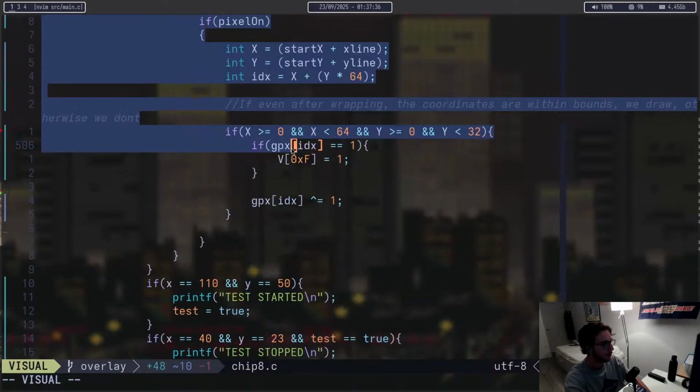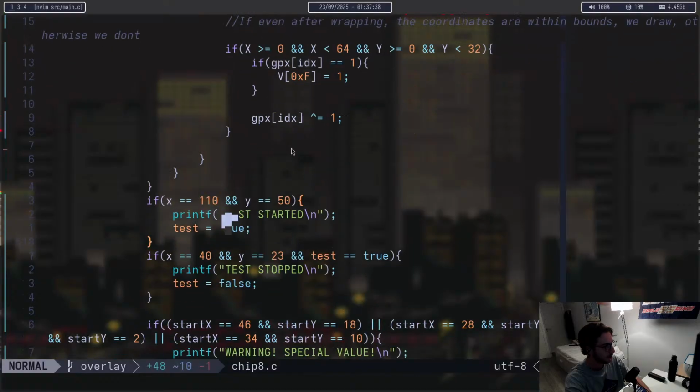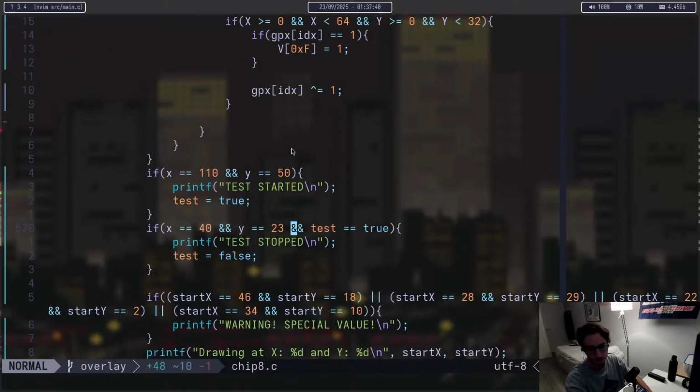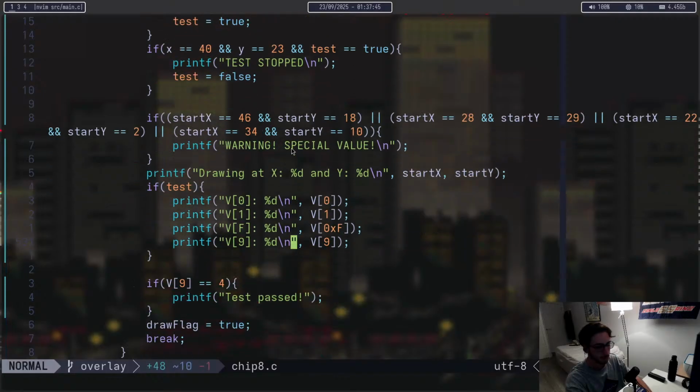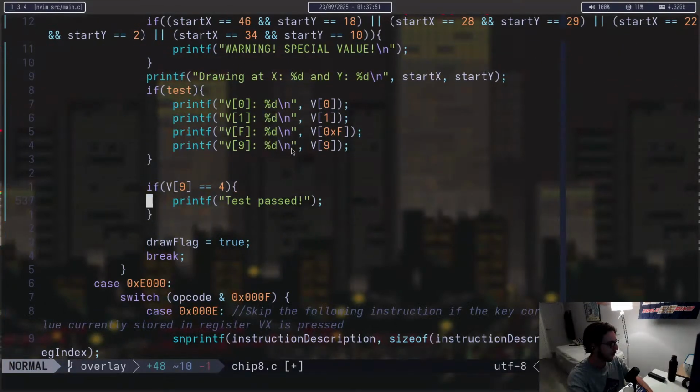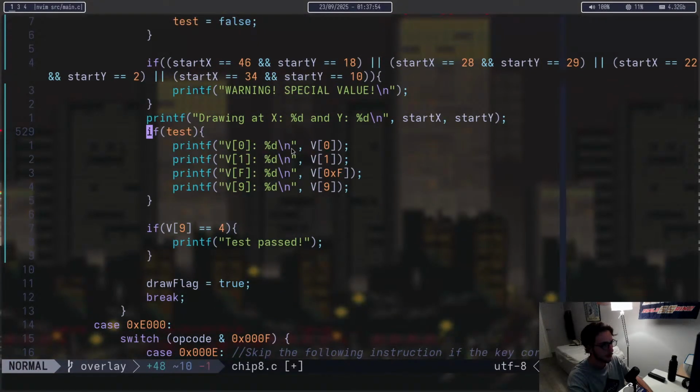Okay, test started and then test stopped, to see if you at some point get to see B9 equals 4. Because that's what it has to do, right?